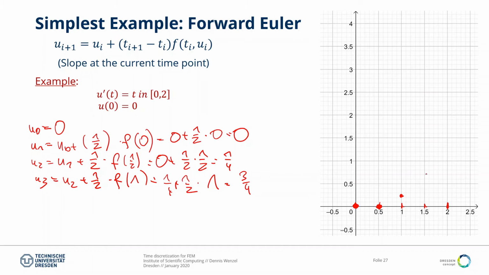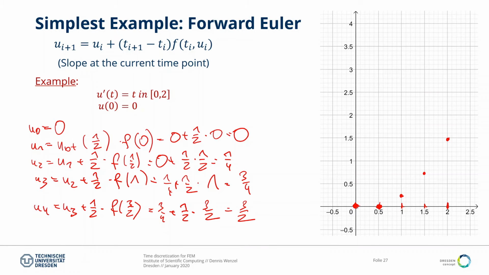So that next step is just here. And then my last one is given by u3 plus 1/2 times f of 3/2. And that's 3/4 plus 1/2 times 3/2, and that's just 3/2. So that last step is here.